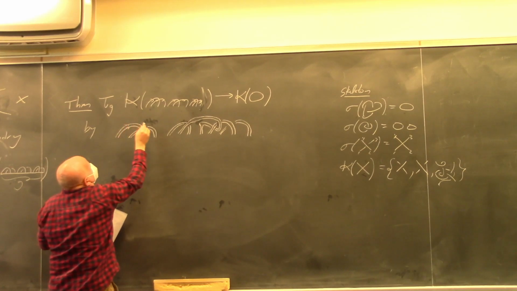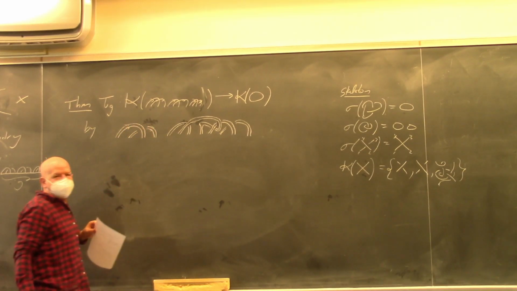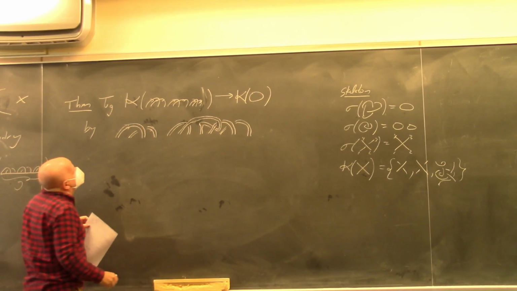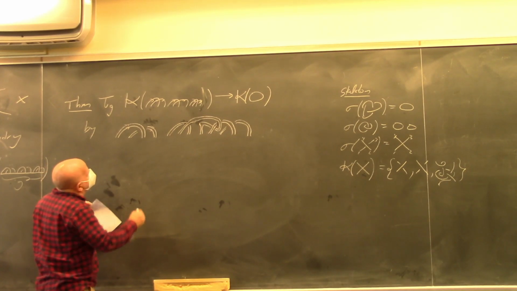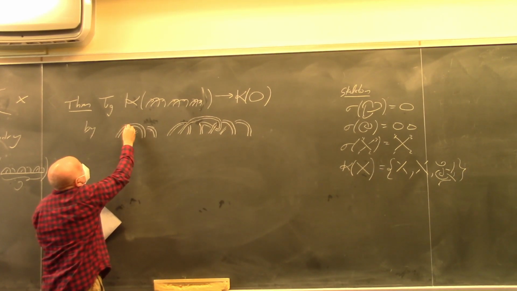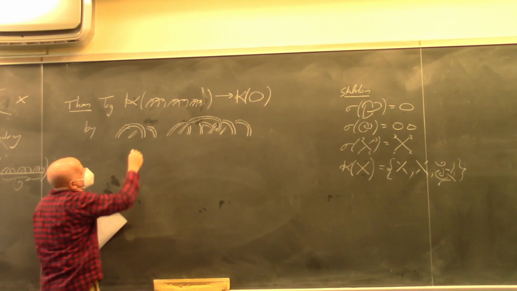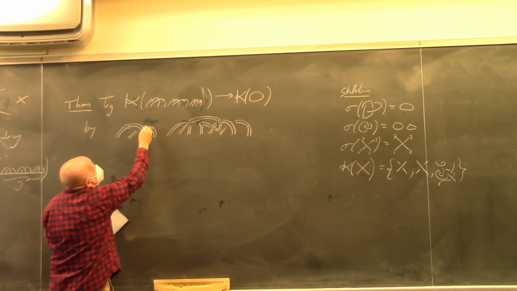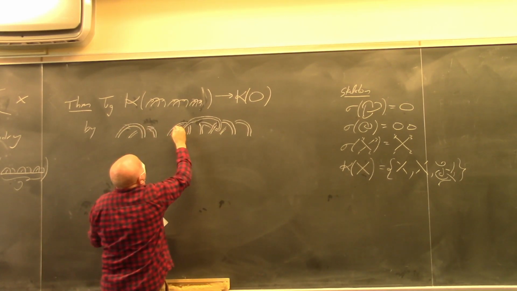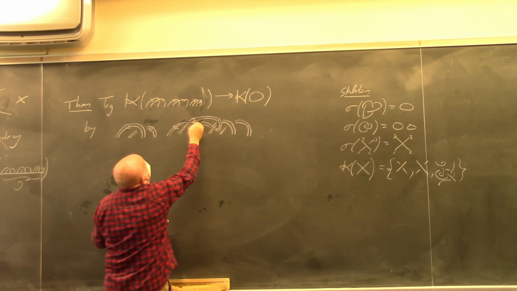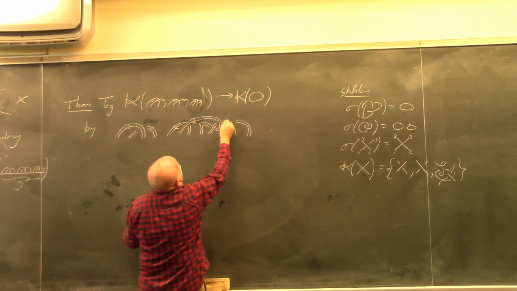So now everything is oriented to the right. Then you reverse the orientation of the inner strand in every pair. Or if you wish, you double, but with reversing the orientation of one of the sides.